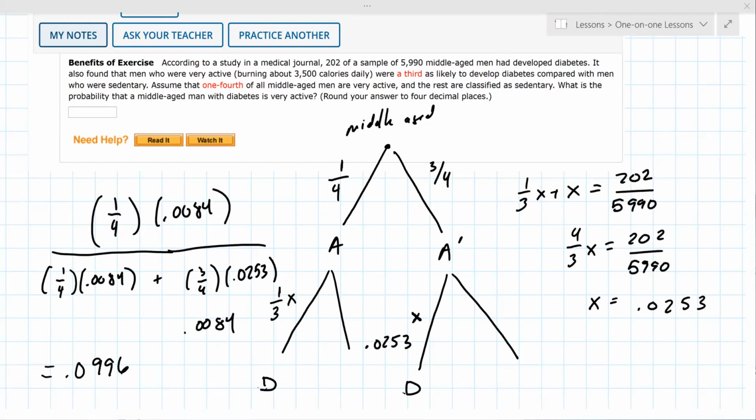Okay, let me search for these. Well, they do this problem very differently.